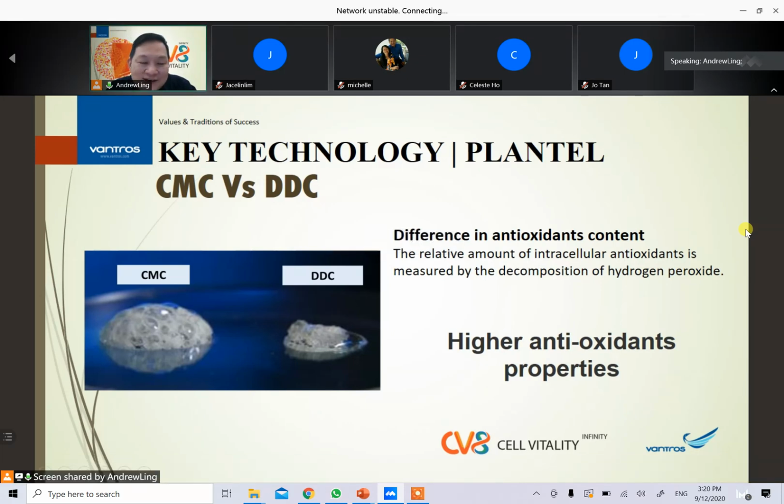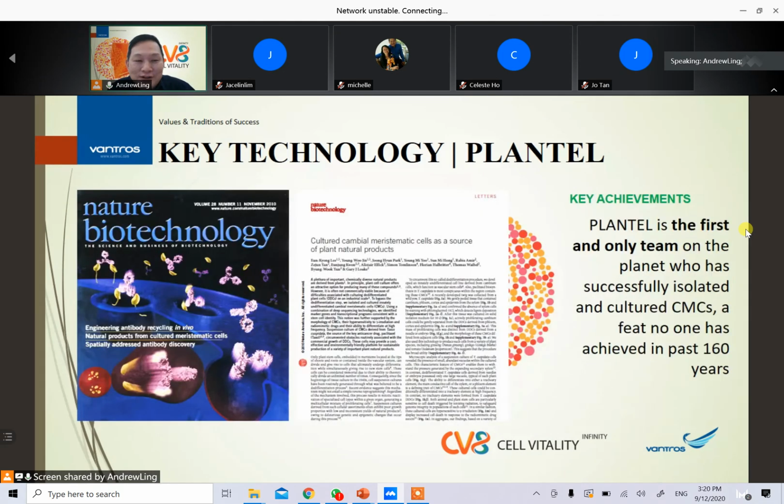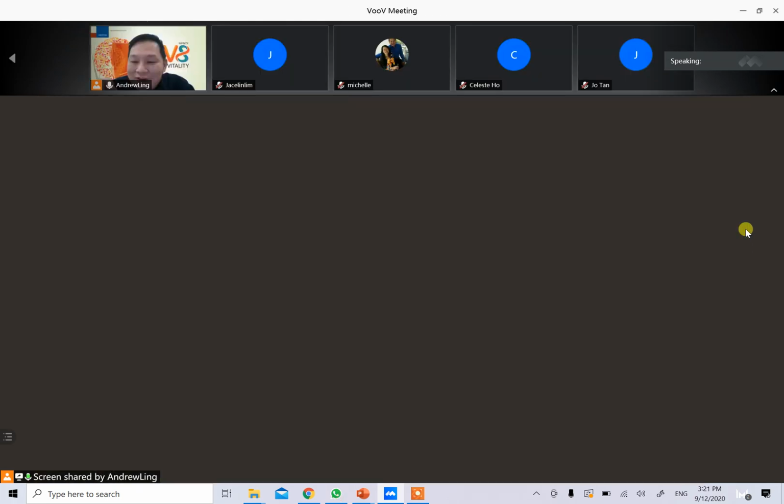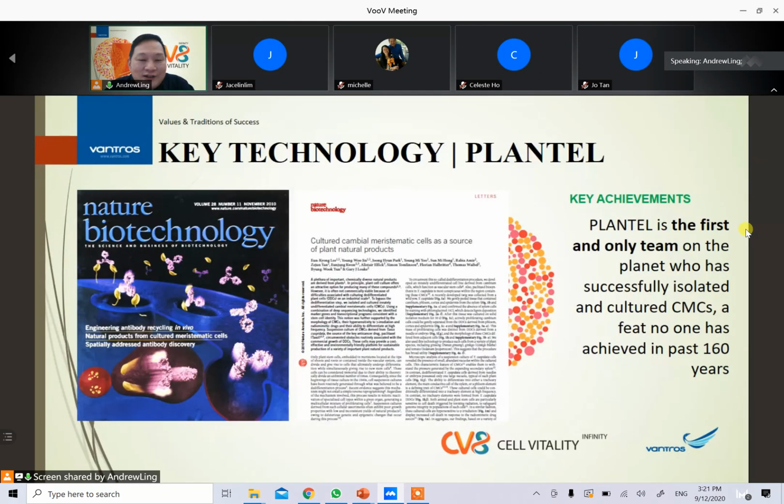These are actually superior stem cells. The technology is provided by Plantel. The company is the only one that isolates and cultivates CMC stem cell.